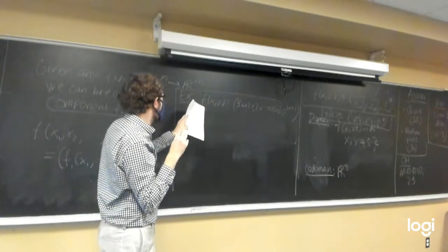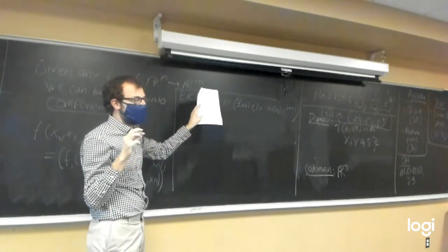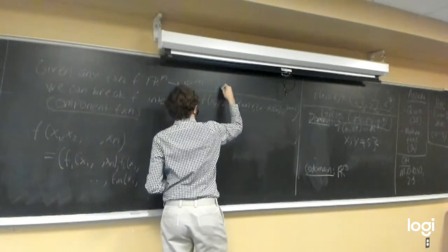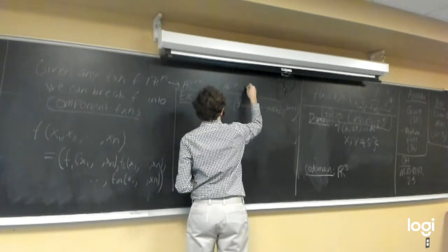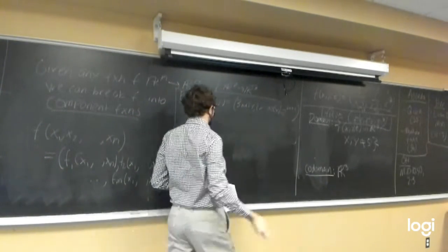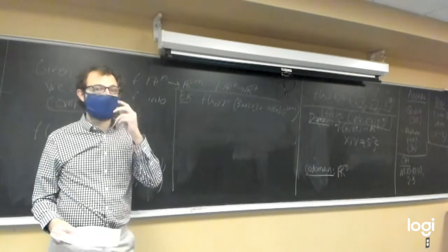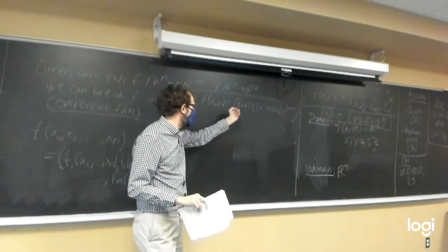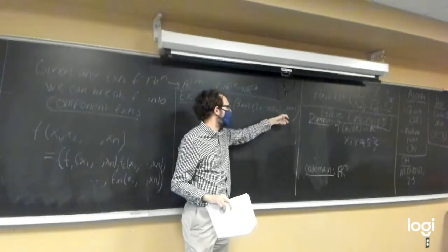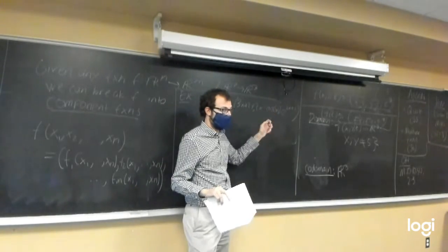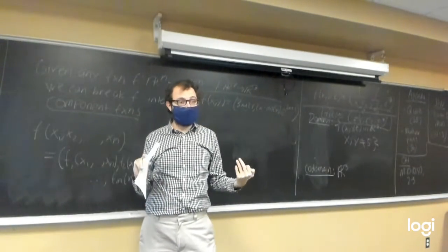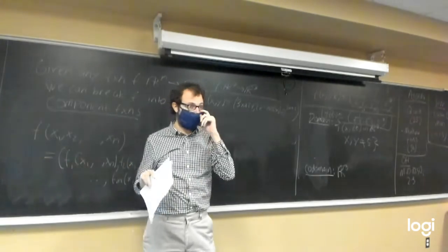We're putting in vectors that have 2 dimensions as inputs, and we're getting out vectors that have 3 dimensions as outputs. What we can do is look at each of the individual coordinates of the output vector, and each of those is going to be a separate component function of f.